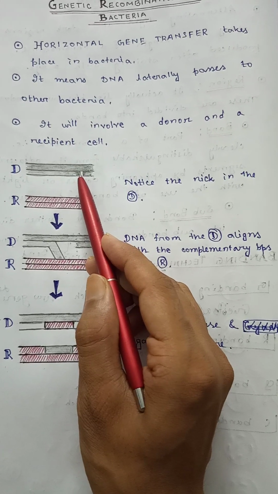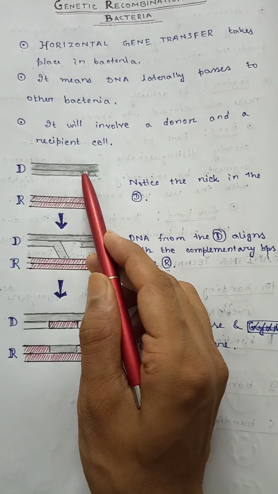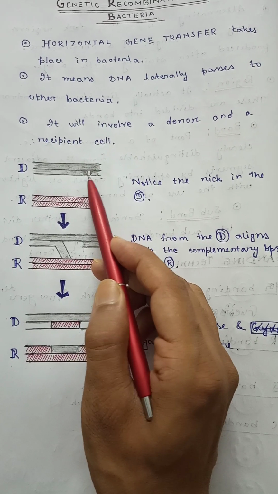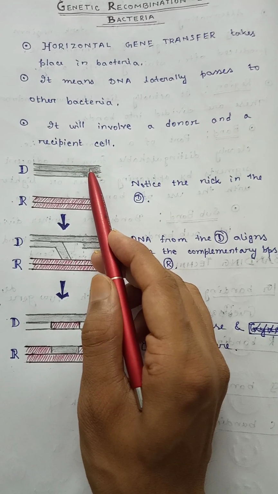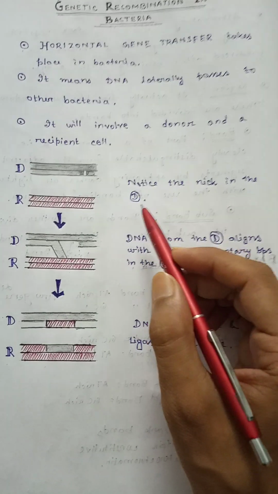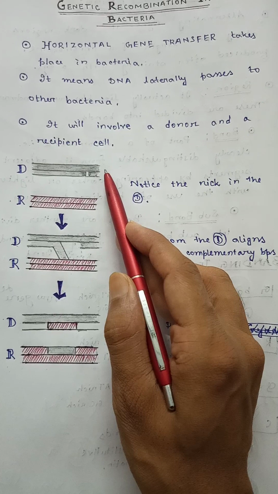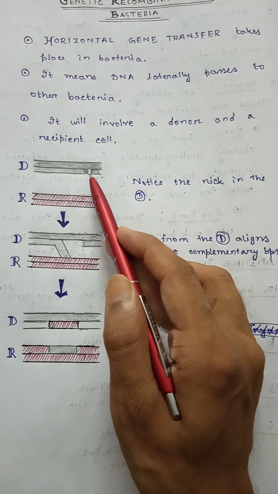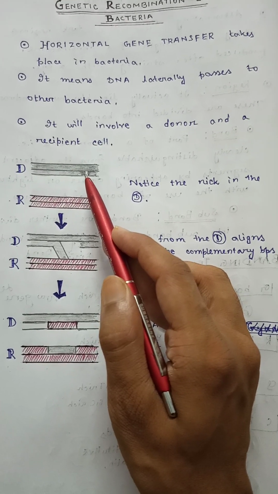Nick means there is a cut in one strand of the DNA. Let me put it more simply. When the cut is in both the strands, it is called simply a cut, and if it's in one strand, then it is called a nick.